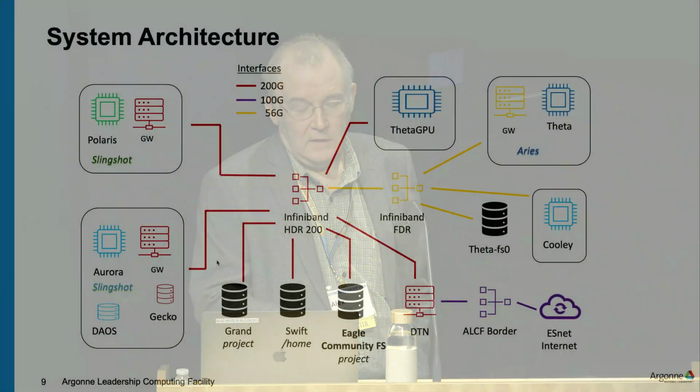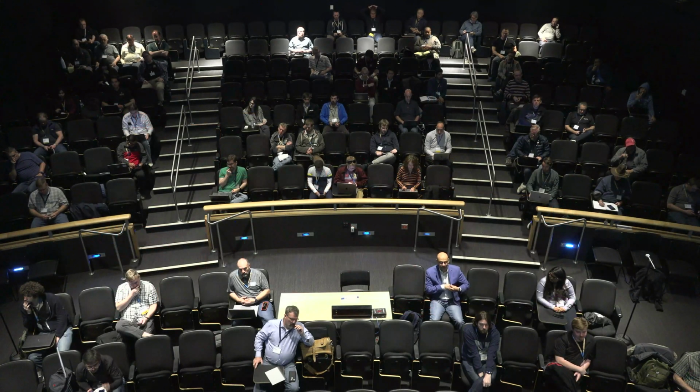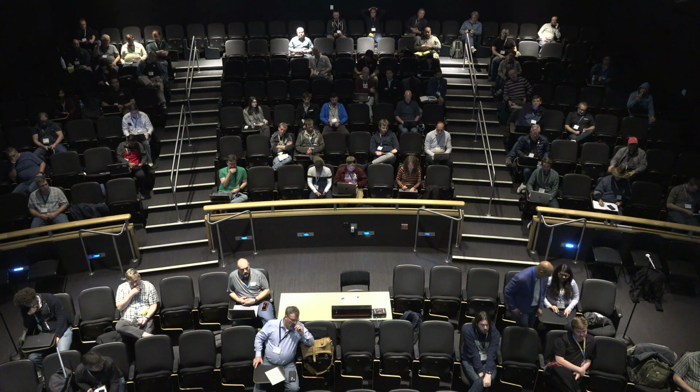On the network, everyone connects to HDR InfiniBand, and Aurora will mount Eagle. But if you want to process on Aurora data coming from the beamline, you will write first to Eagle, then transfer from Eagle to Daos for Aurora. No, it's okay.